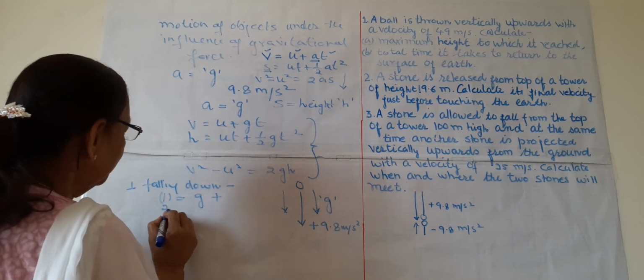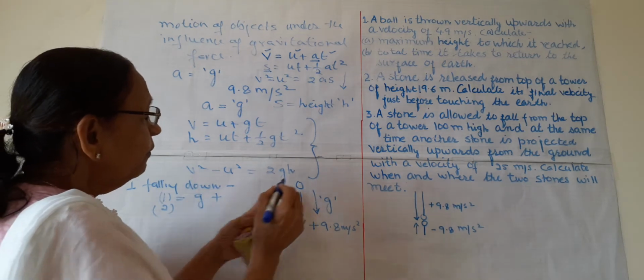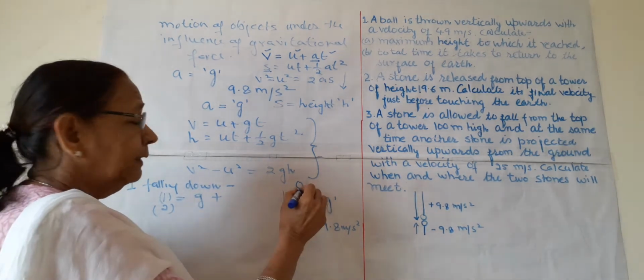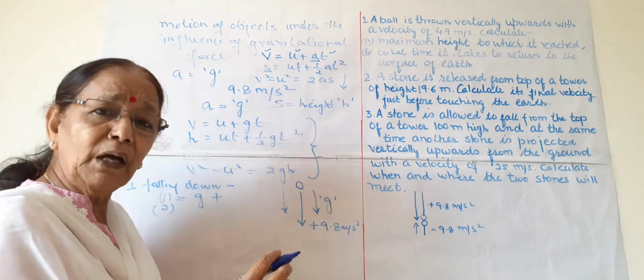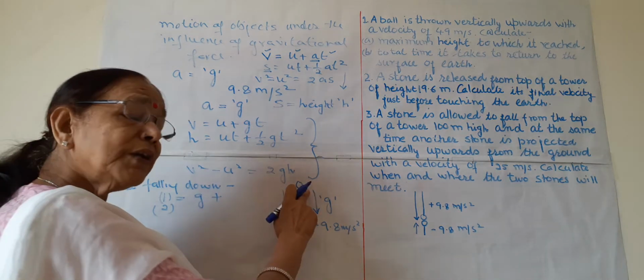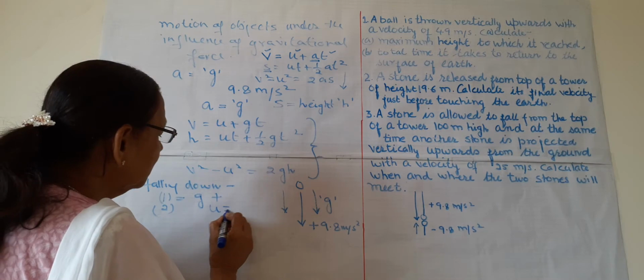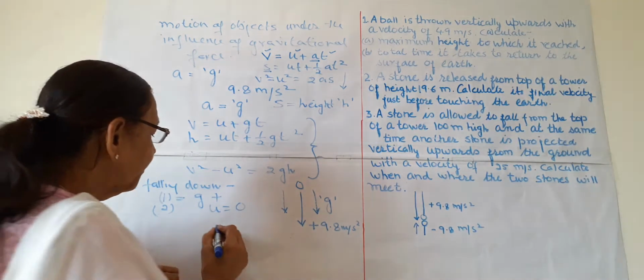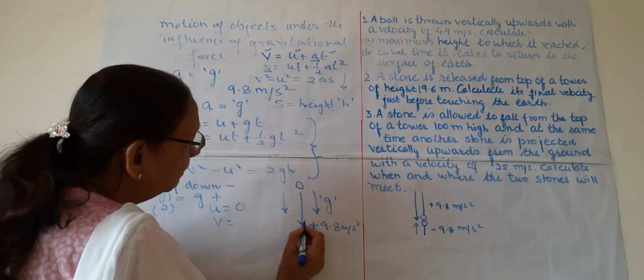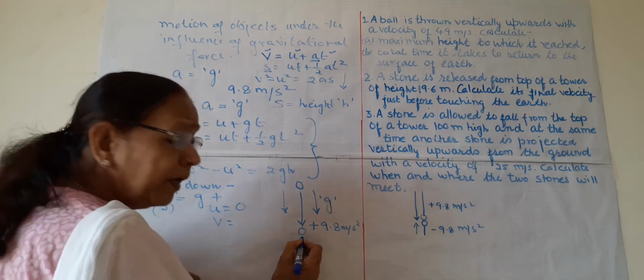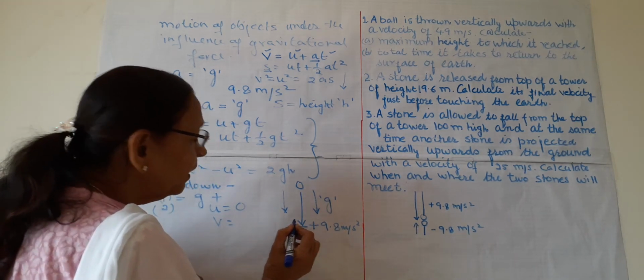The second, we can say, suppose this is a building. This ball is kept on the top of the building. So the initial velocity here is 0. So in this case, u will be 0, and v will be the velocity when this ball touches the ground, before touching the ground.